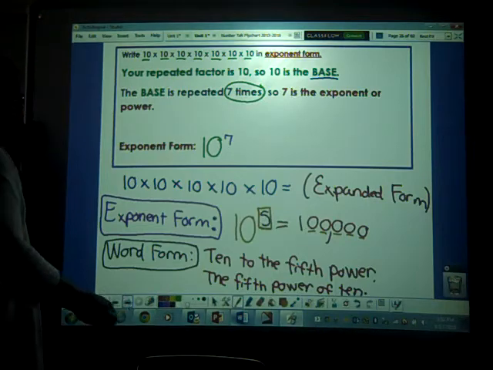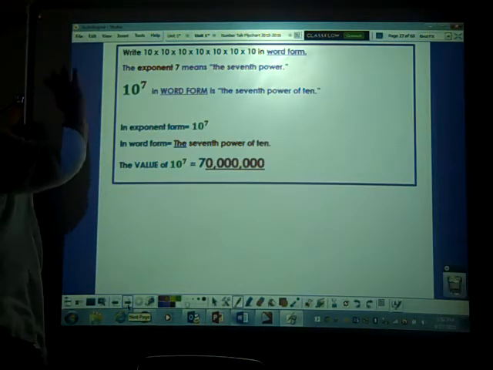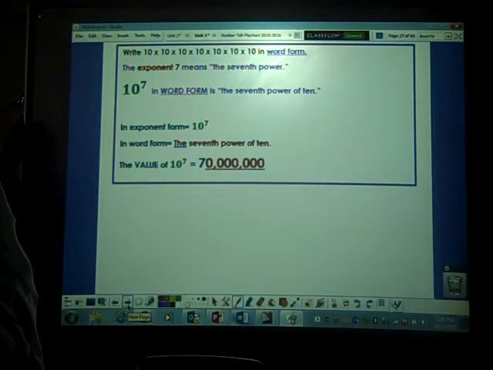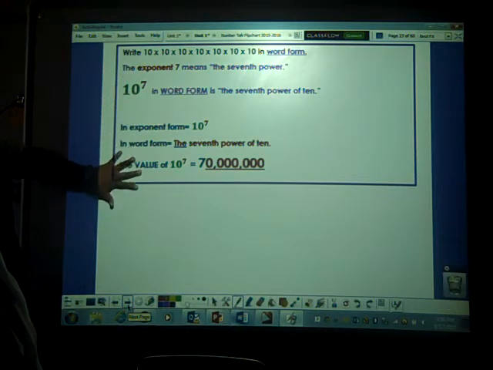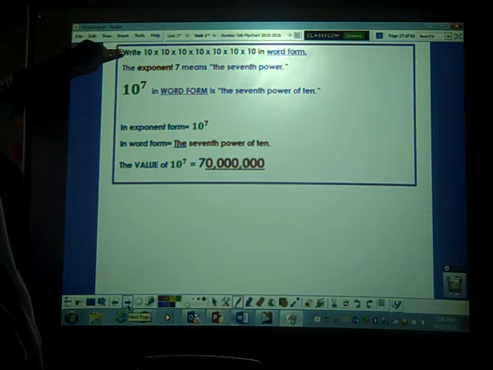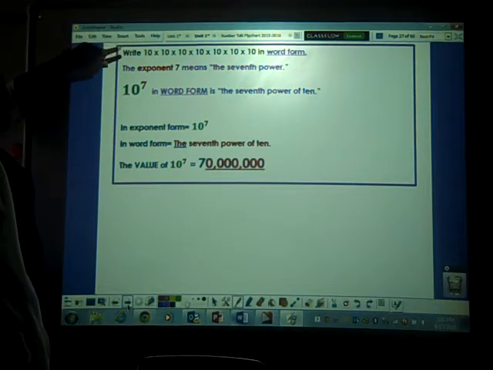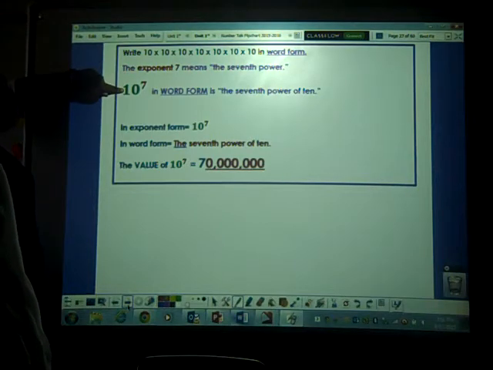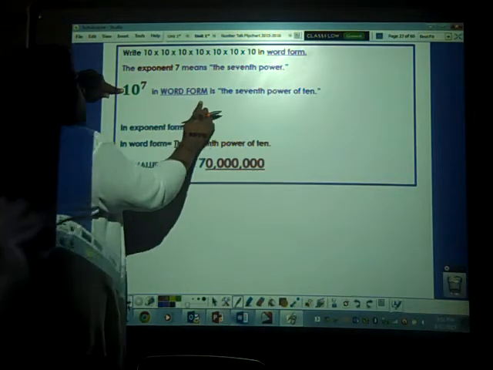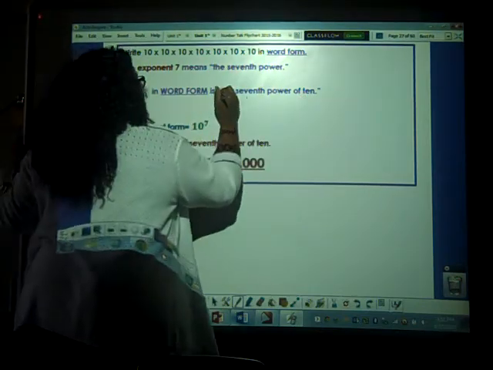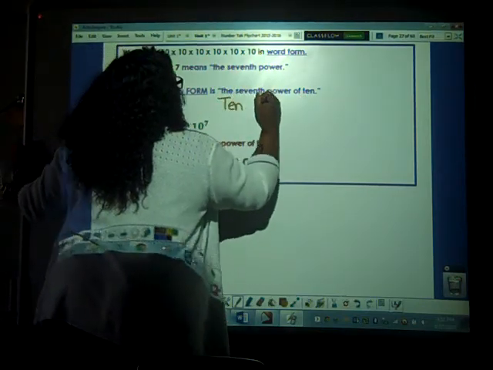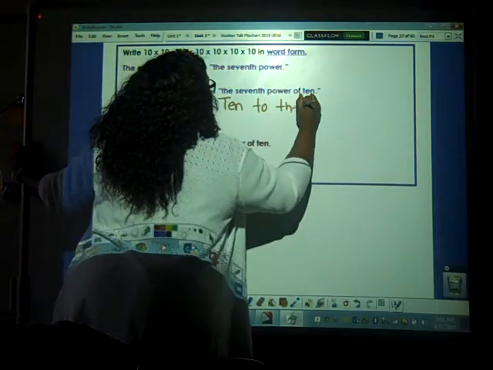Now let's move on. Here you guys have what we just did. I just have it written out in more detail. Same thing, 10 to the 7th power. The exponent 7 means the 7th power. So 10 to the 7th power in word form is the 7th power of 10, or you can say, like we said earlier, 10 to the 7th power.